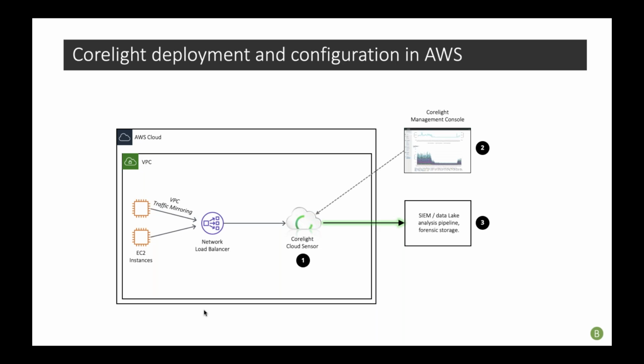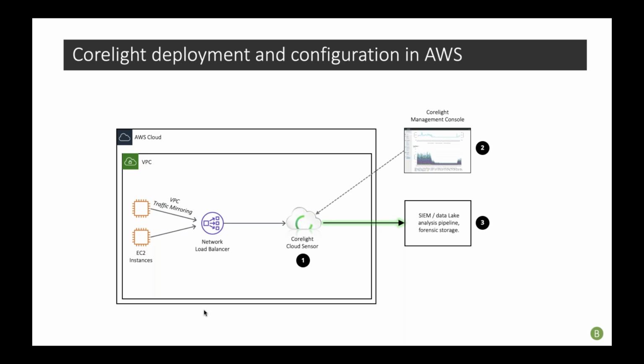A lot of what we do here at Corelight is to make this data easy to get. So if you think about how simple this can be, and building on what Anoop was describing with the VPC traffic mirrors, the source traffic is coming from those EC2 instances. I would completely agree with his recommendation that folks should really be aiming that towards a network load balancer. That way you can have pools of Corelight sensors behind your NLBs. And then those Corelight sensors are outputting the data into your SIEM or data lake of choice.